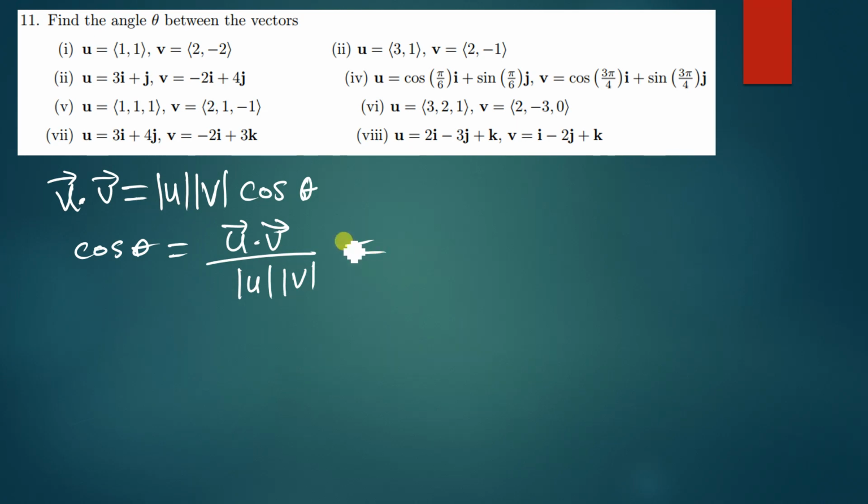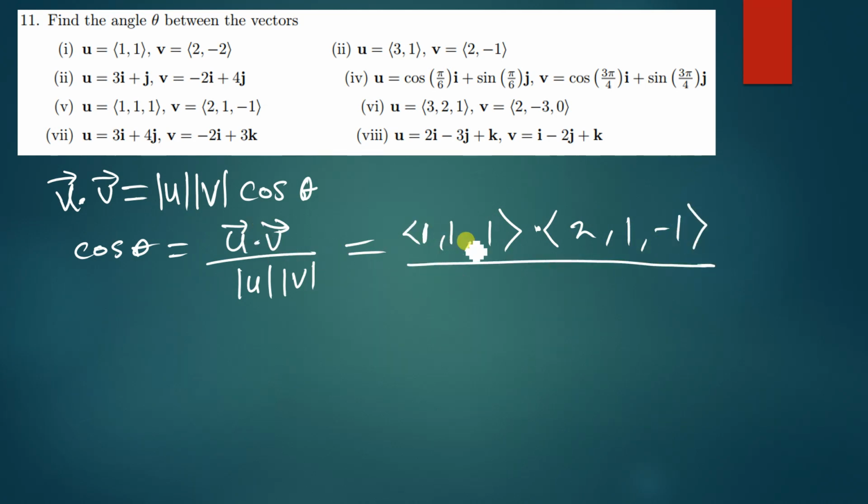Let me pick this question here, question 5. To find u dot v for question 5, we have 1, 1, 1 dotted with 2, 1, negative 1, and then everything over the magnitude of the same vectors that we have as numerators there.